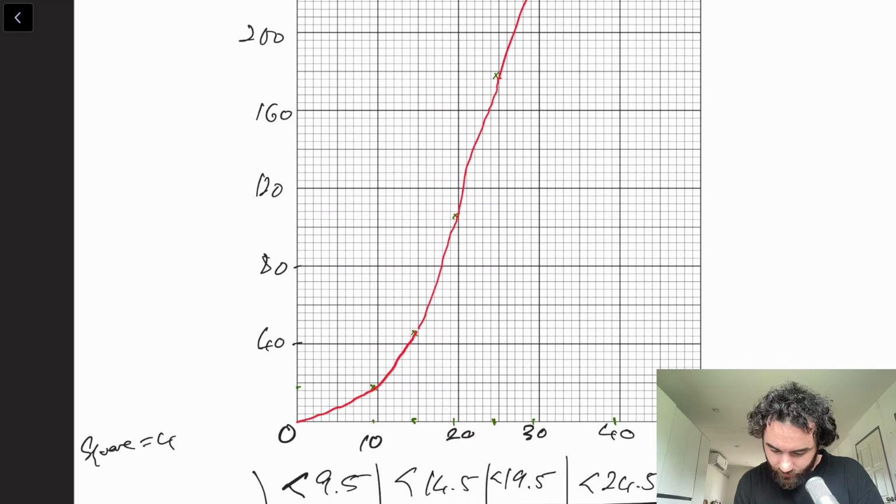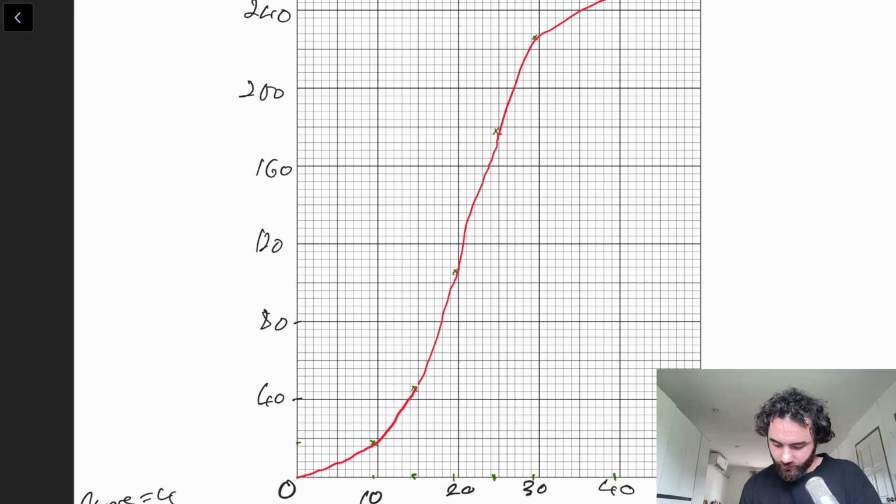155 divided by 4 is 38.75. So this point here is 155, and then you trace this across and it hits around here.